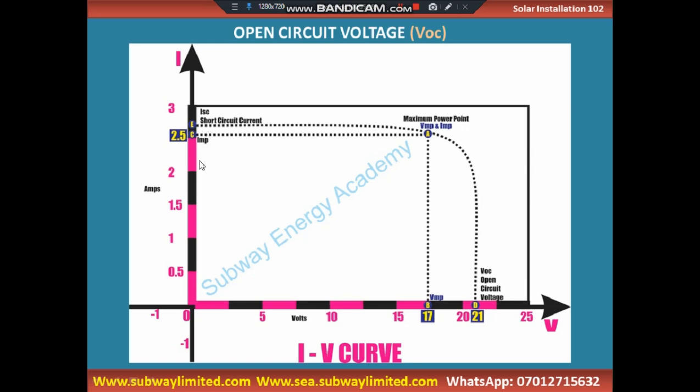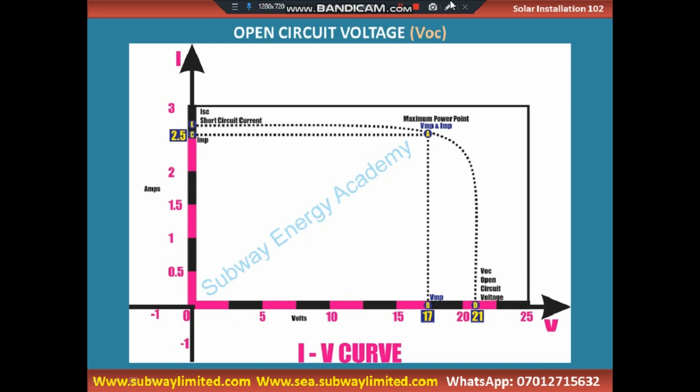If you look at this point, you are having current at maximum power to be 2.5 here. That means if you extend from this point to this point, you have your current at maximum power. If you extend from this point to this point, you have your voltage at maximum power. Your short circuit current will always be higher than the current at maximum power.